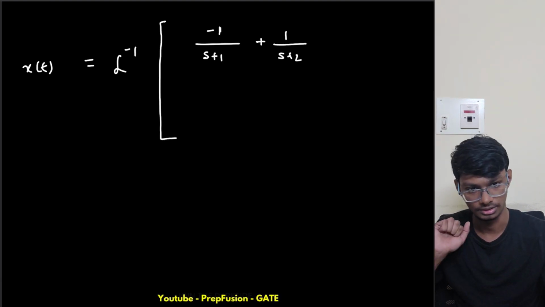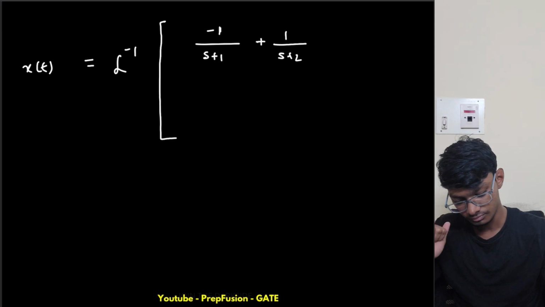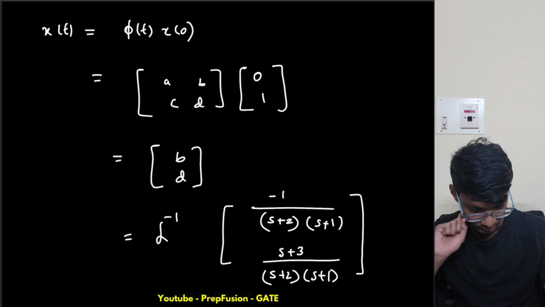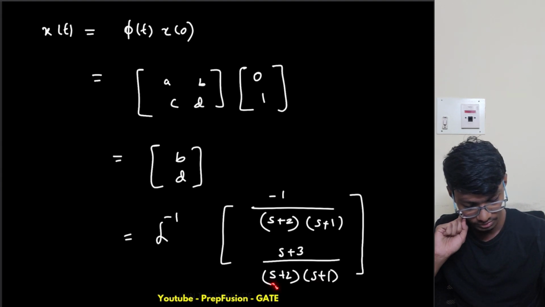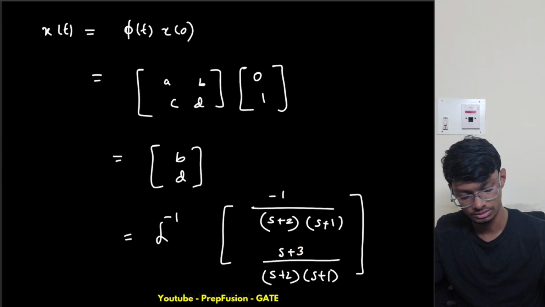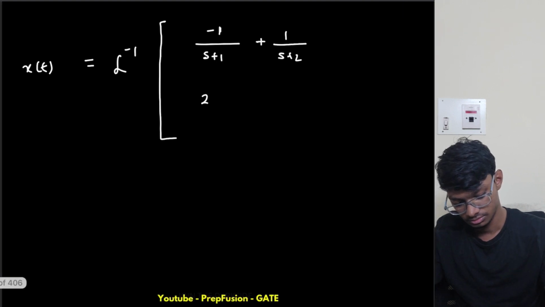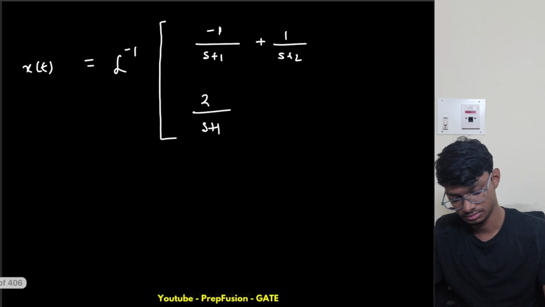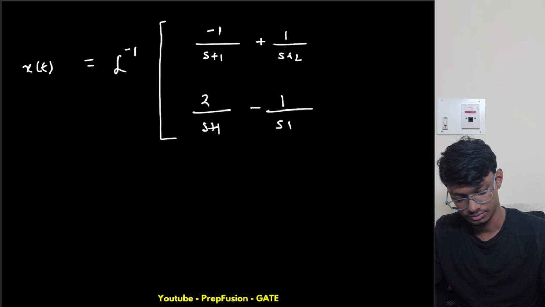This is what I get. Now this one, if I put S equals to minus 1, I get 2 by 1, so this is 2 by S plus 1. And if I put S equals to minus 2, I get minus 1 by S plus 2. This is what I get.